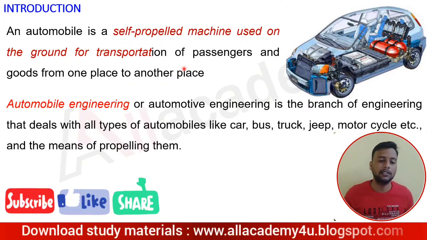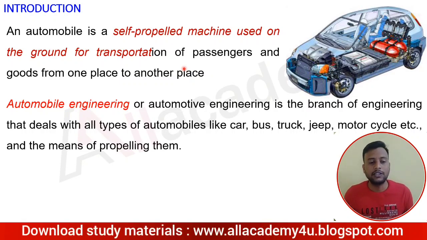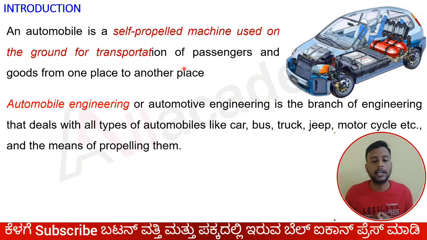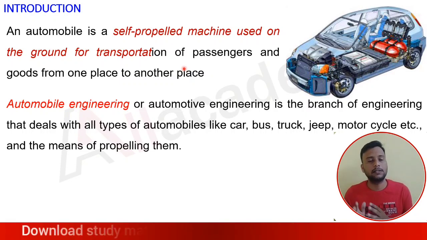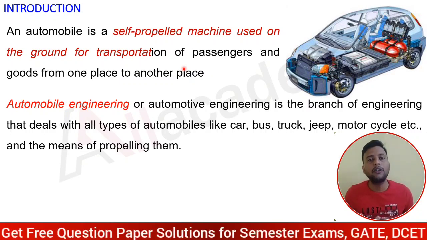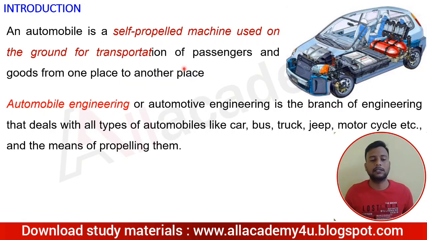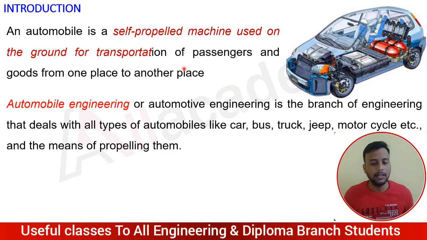Automobile or automotive engineering is a branch of engineering that mainly deals with all types of automobiles, and it involves the study of their components, designing, analysis, all these things. That is known as automobile engineering.